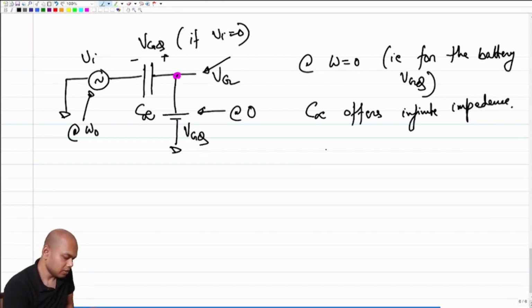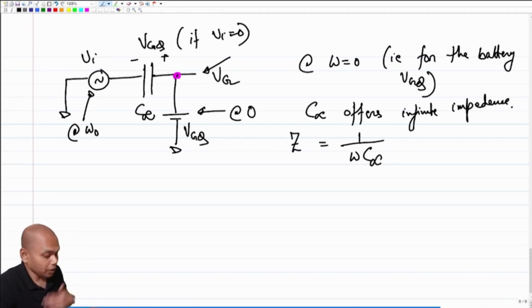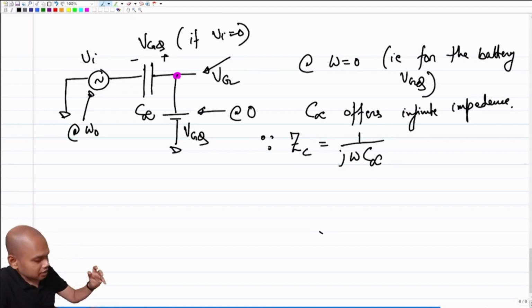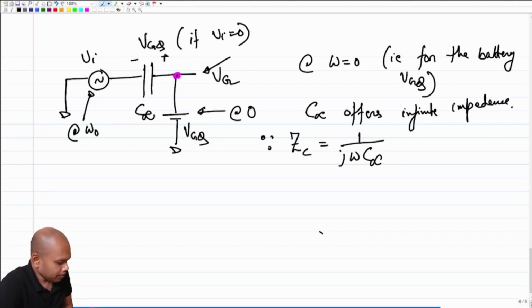Because the impedance offered by a capacitor is 1 by j omega times C infinity. If omega tends to 0 or omega is exactly equal to 0, then the mod of Zc is essentially infinity, right? So what is the moral of the story then? The moral of the story is that the capacitor is giving you infinite impedance to VGQ, right?